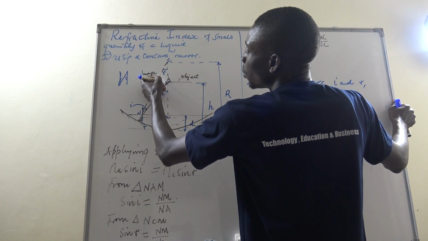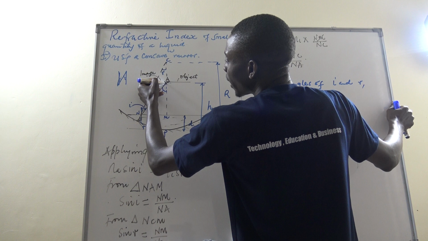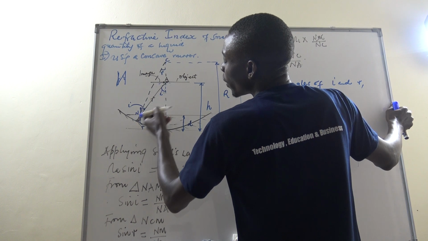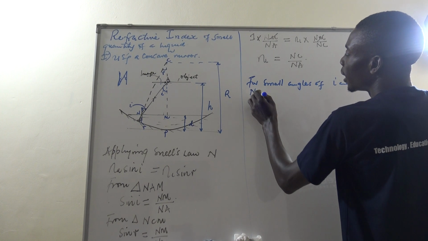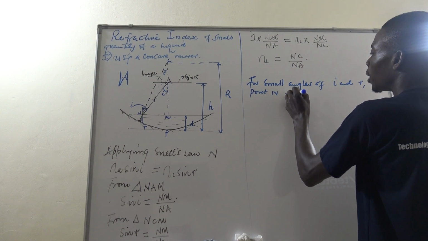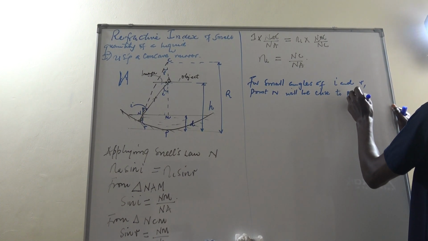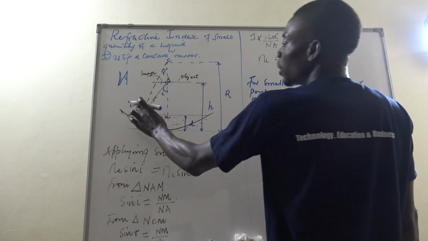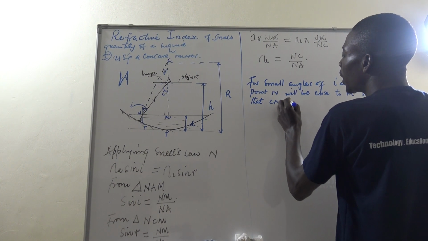If this angle is reduced to a very small angle, imagine we make i an angle which is maybe just here, you realize that this point N will now be very close to M. We shall say that any point N will be close to M, such that we can now take CN to be approximate.